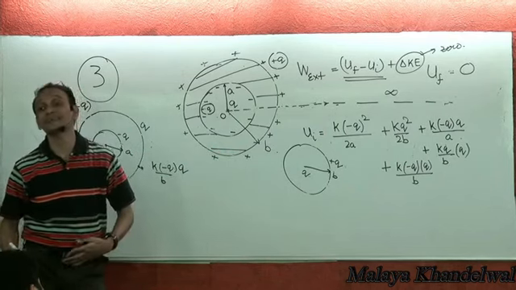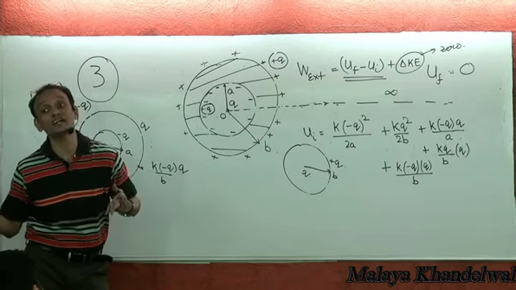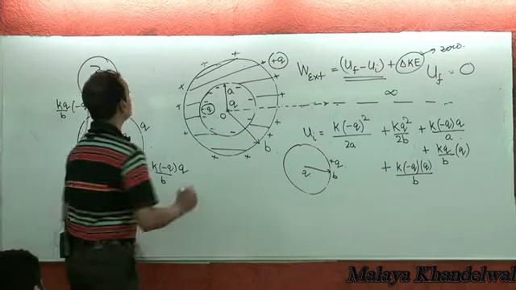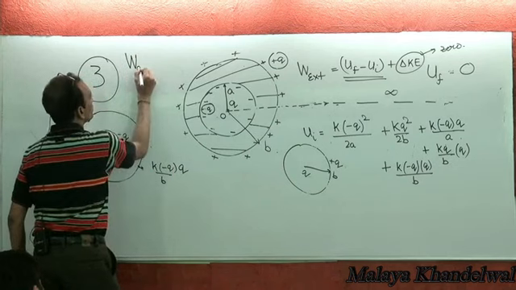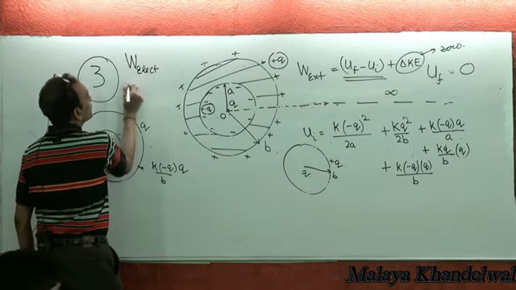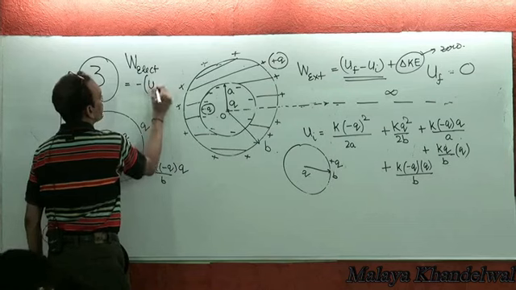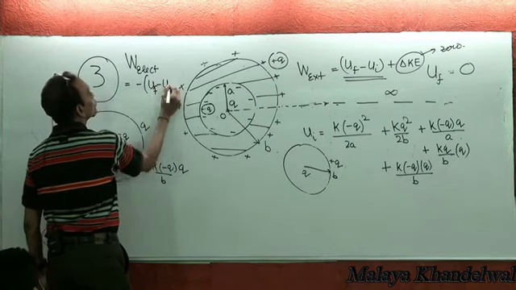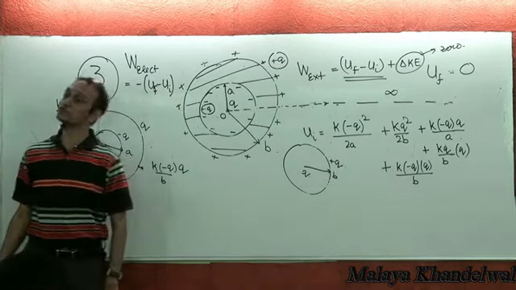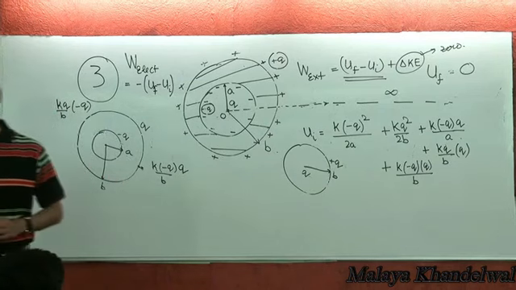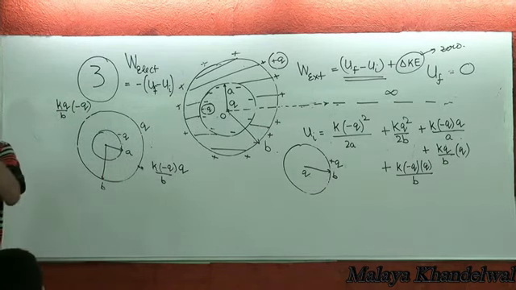What is the work done by the electric field even if kinetic energy is added? Even if kinetic energy is added, work done by the electric field will always be the negative of the change in potential energy, negative of UF minus UI. Even if kinetic energy is added, this will always be the work done by the electric field. Clear?